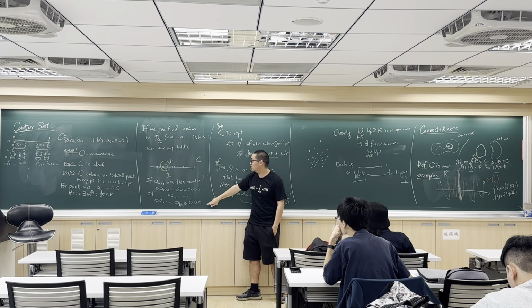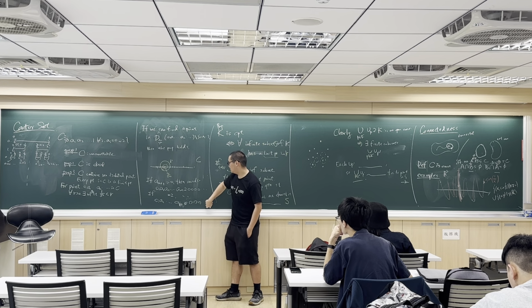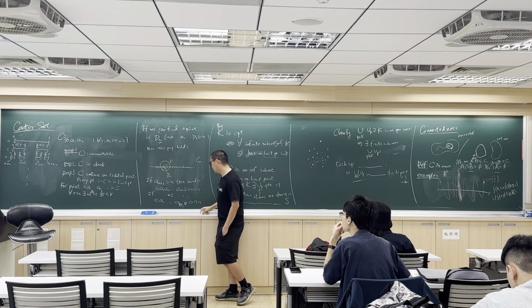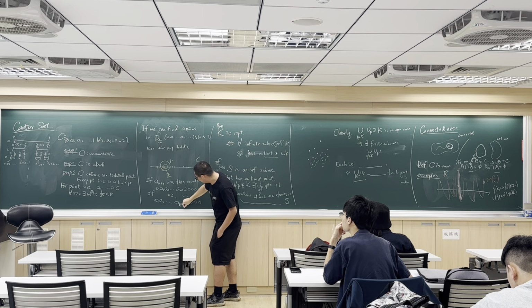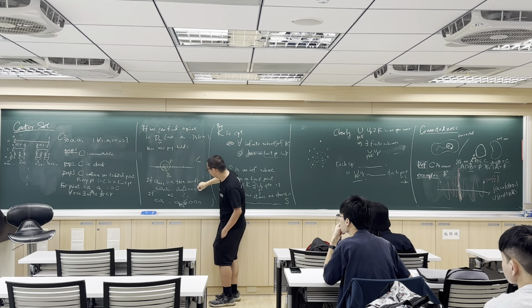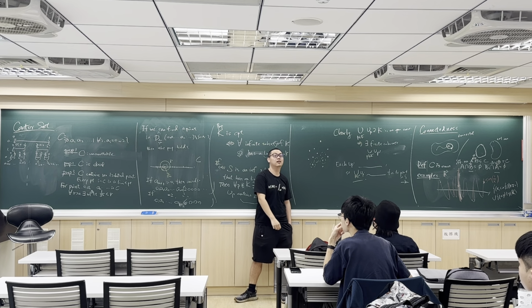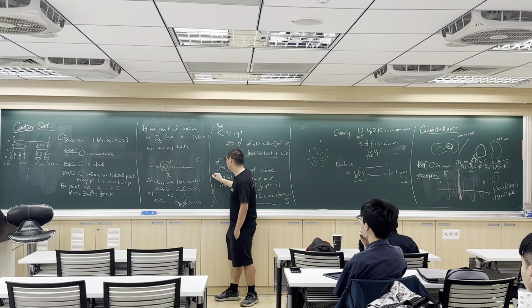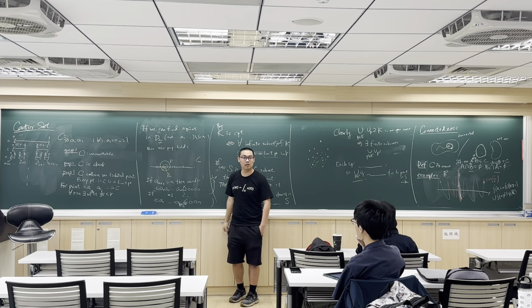So this point, the distance from this point to this point is at most 1 over 3 to the n.